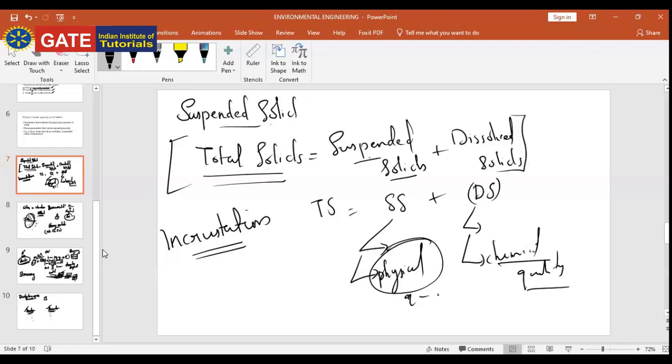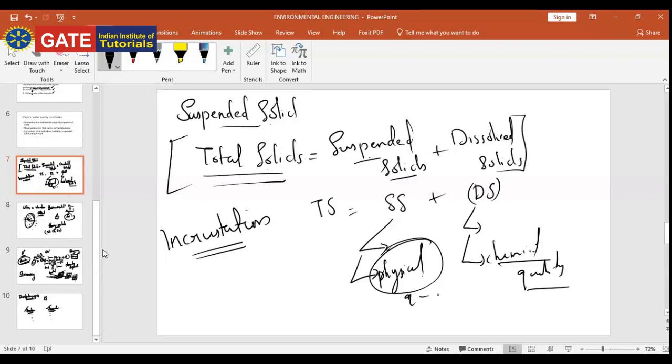The first one was the psychological aspect, which means we won't be able to drink the water if it has some suspended solids. The second one is incrustation of the pipeline. We won't be able to control the incrustation. We have to clean it again and again, so that is another important aspect of suspended solids. Now the next one coming up, you have to be very careful about this particular thing.